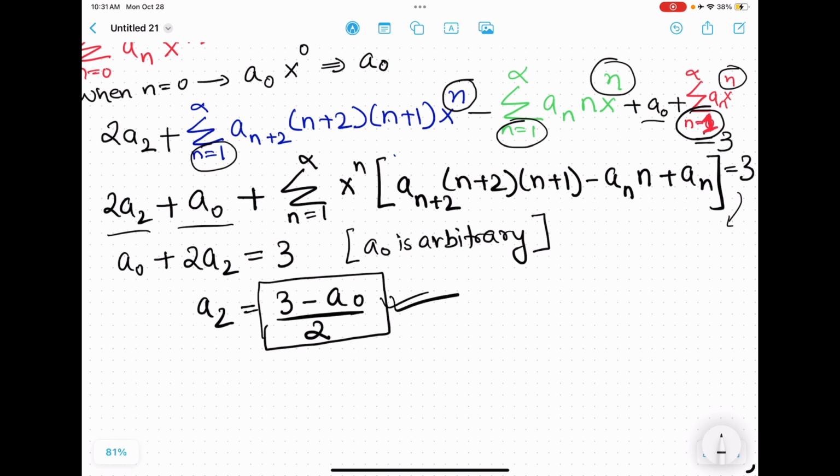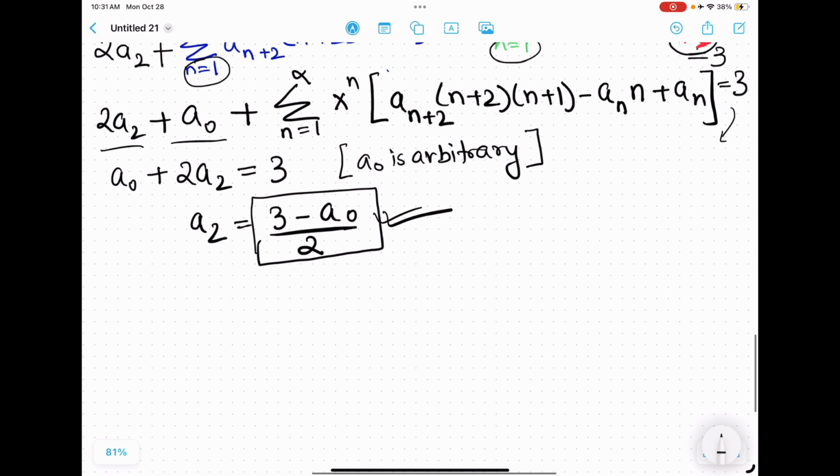Okay, now I'm going to look for the rest of my coefficients for x. So if I look over here, this power series starts from n equal to 1, and then n equal to 2, then n equal to 3, n equal to 4, all the way up to infinity. And I can tell just by looking at what I've got on my right that if there is an x attached to my value, then it's going to be 0.